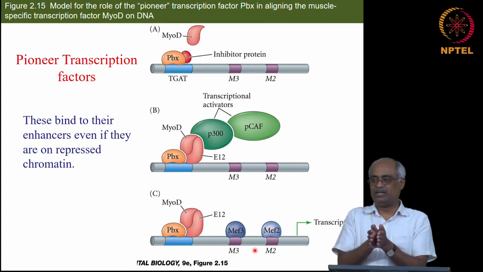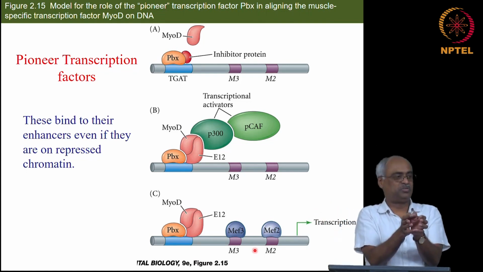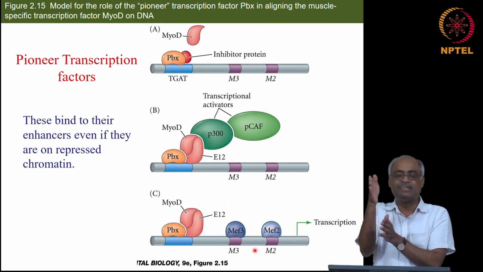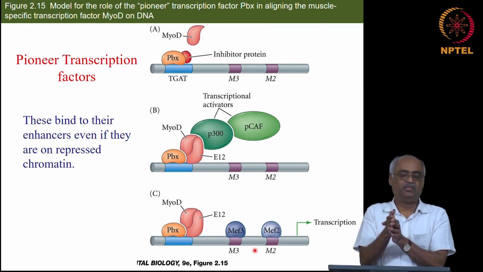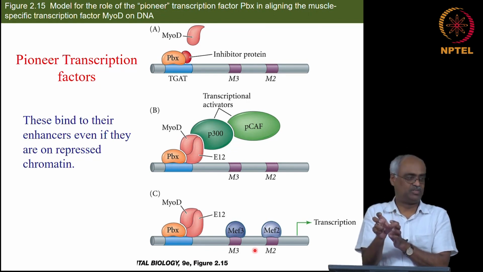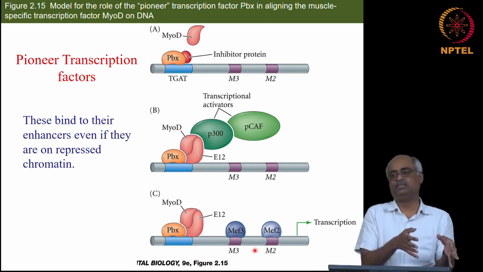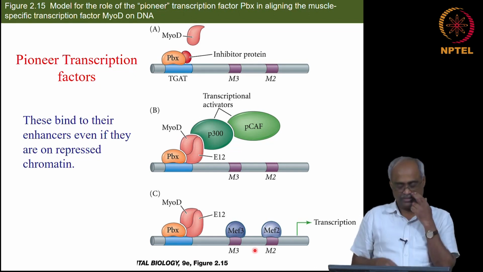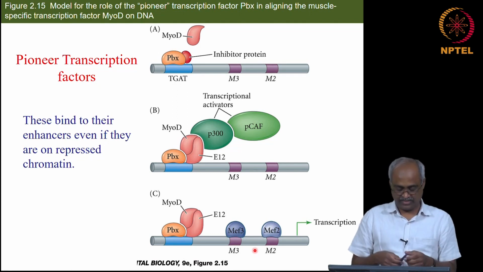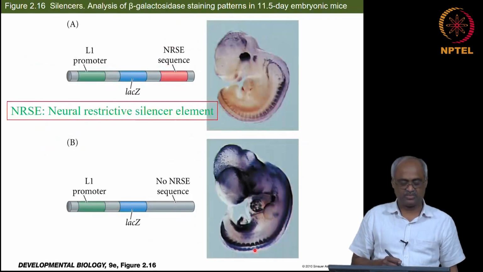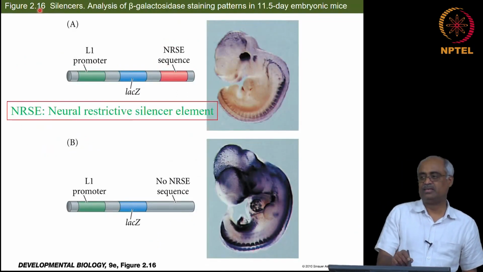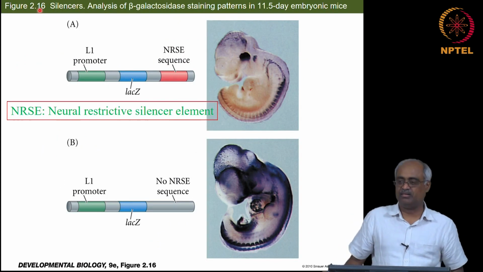You want that particular factor to be expressed in that tissue, not all genes. So something has to restrict that, and for that you have DNA sequences to which proteins bind, which insulate or restrict these enhancer activities. That is what we are going to see next, and they are often called silencers. So silencers are like the opposite of the enhancers.